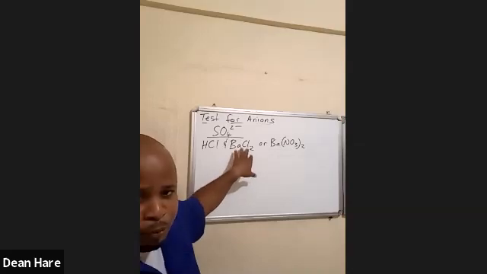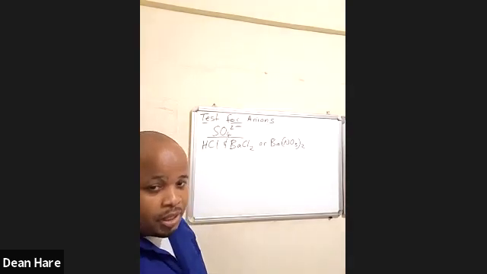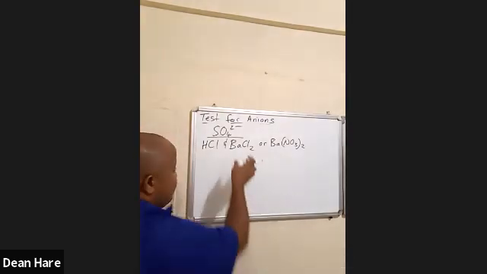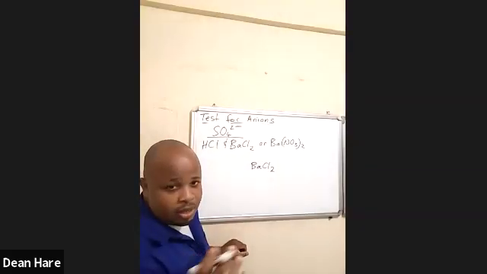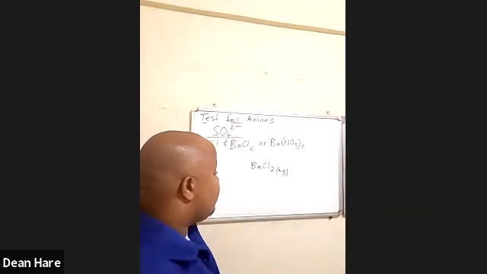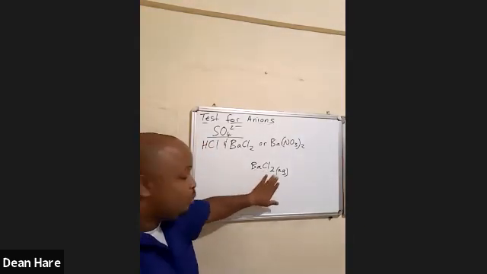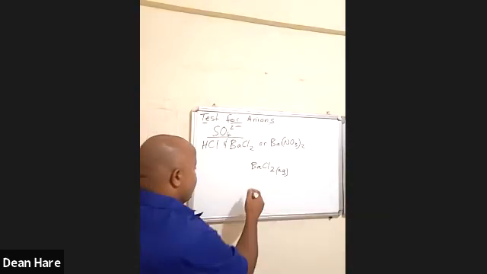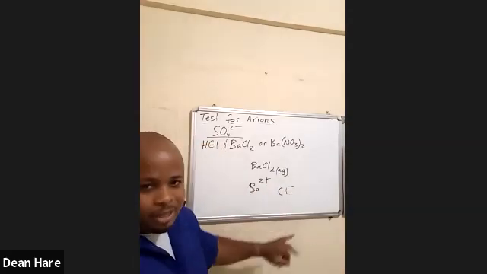For this one, it's a straightforward reaction, right? Again, it comes back to the solubility rules. So let me just explain this quickly. If we say we have a solution of barium chloride or a solution of any compound, even though we write the compound as BaCl2, in reality, what you have is barium ions and chloride ions in this solution.